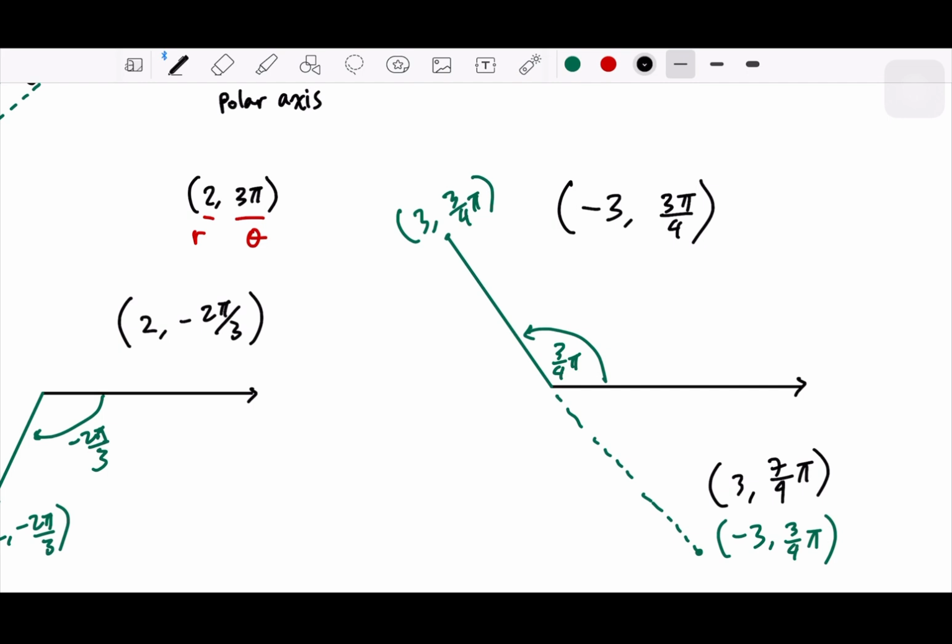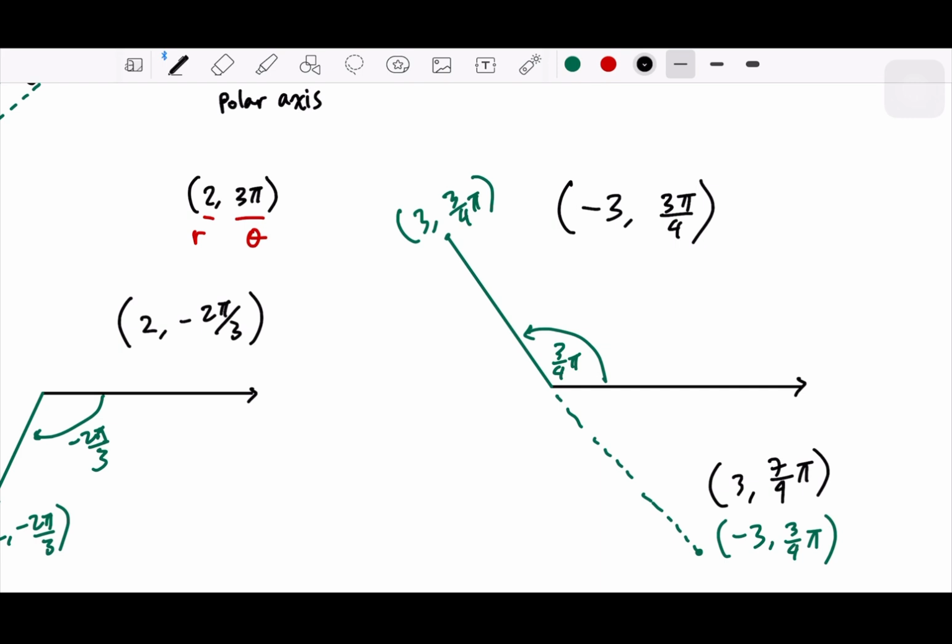Okay. So whenever you find a negative, then it should be the opposite side. Because we can find the negative in terms of sine or cosine, there will be at least 1 and −1, right? So there will be a negative, but we need to convert the negative in terms of the polar system.